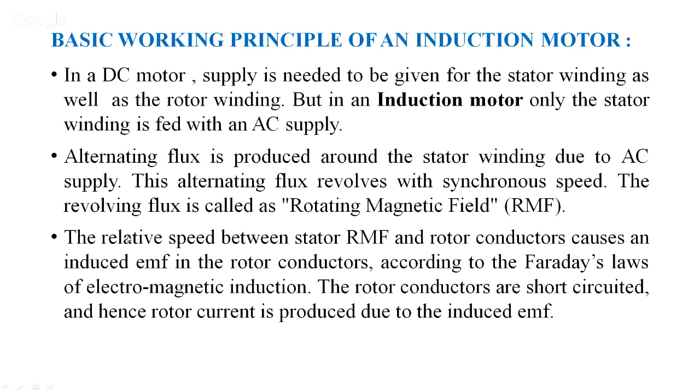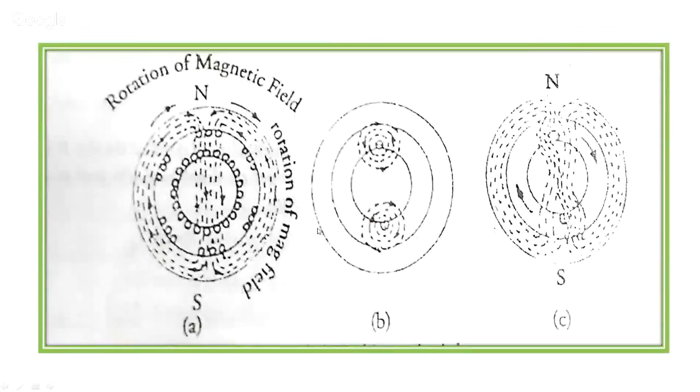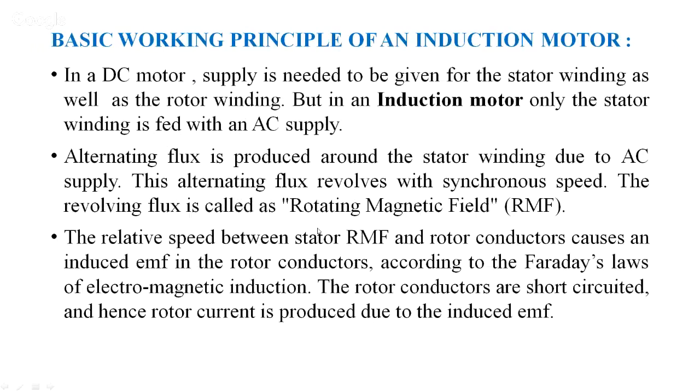The relative speed between the stator RMF, that is the rotating magnetic field, and the rotor conductors causes an induced EMF in the rotor conductors according to Faraday's laws of electromagnetic induction. So we have already learned Faraday's laws of electromagnetic induction.